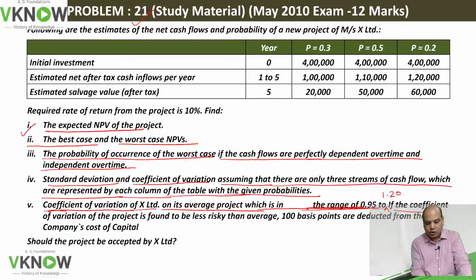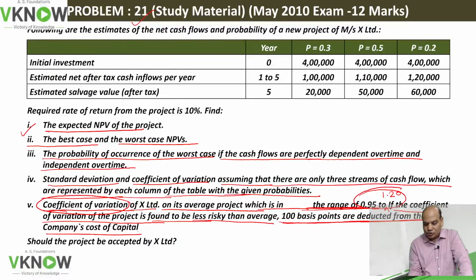If the coefficient of variation of the project is found to be less risky than the average, 100 basis points are deducted from the company's cost of capital. The meaning of this line is that if your coefficient of variation is found to be below this range, then the cost of capital, which is 10% here, will be reduced by 1%.